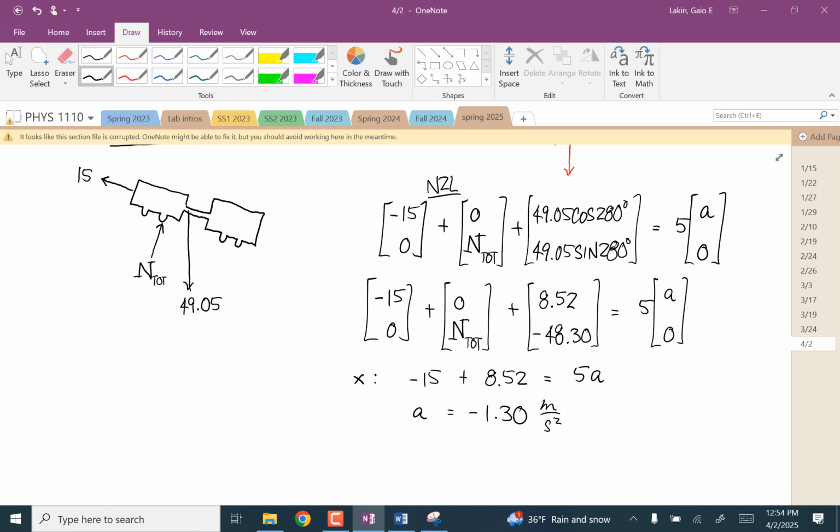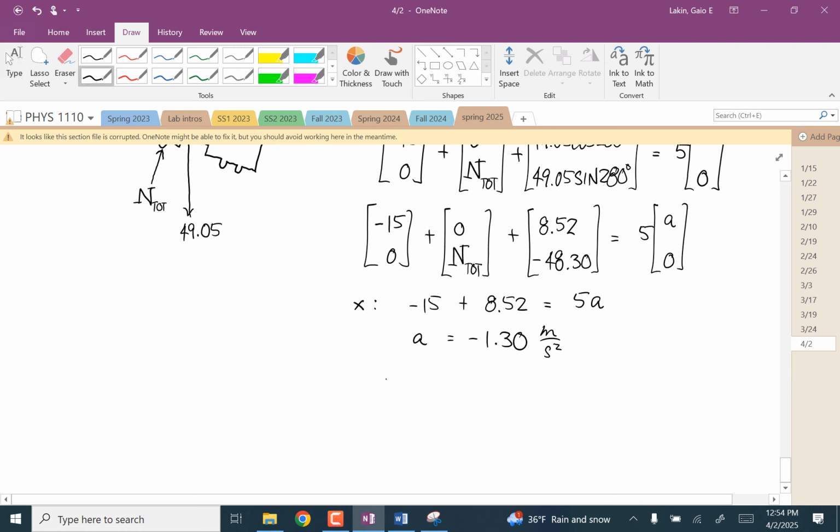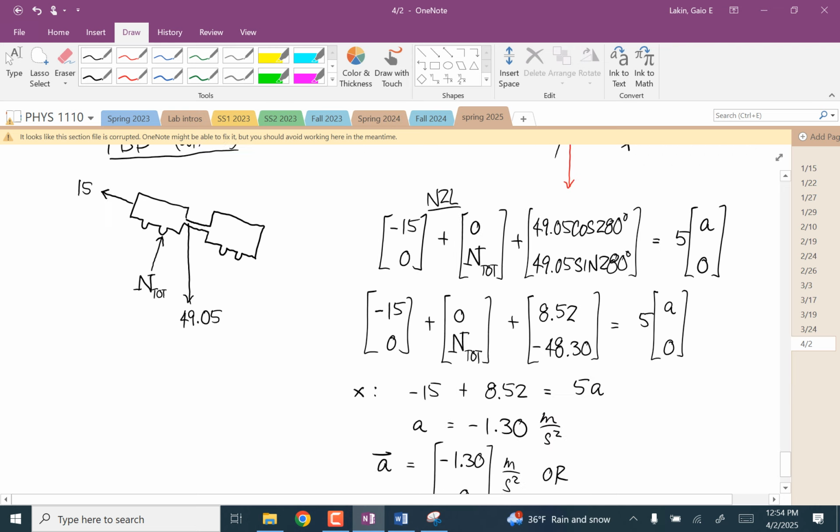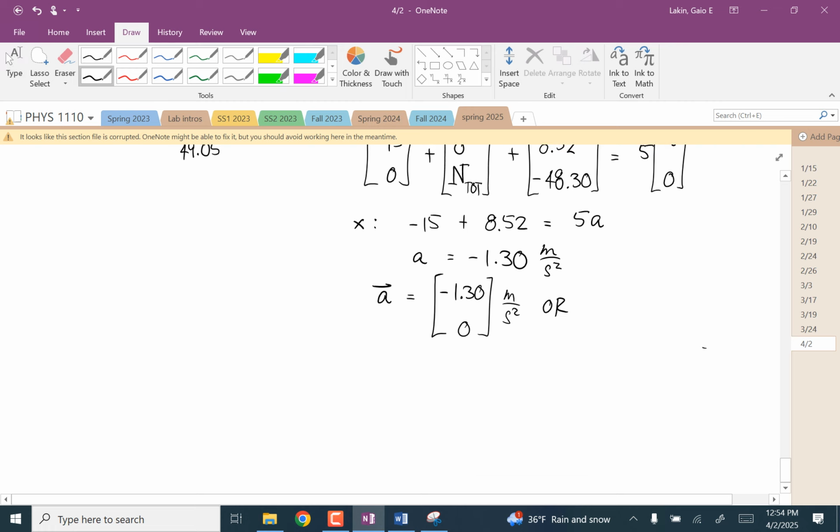We always want the acceleration vector, so now we'll plug this back in and we get that the acceleration vector is negative 1.30, or in other words, it's in the negative x direction, which is up the ramp, with a magnitude of 1.30.